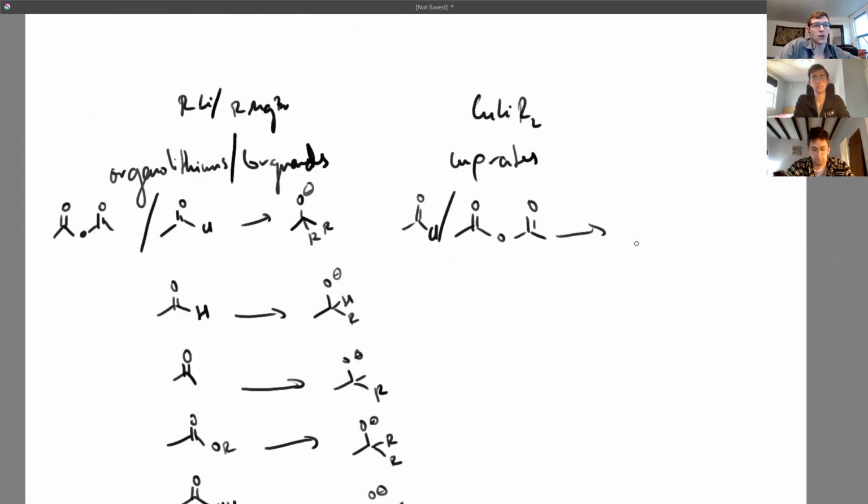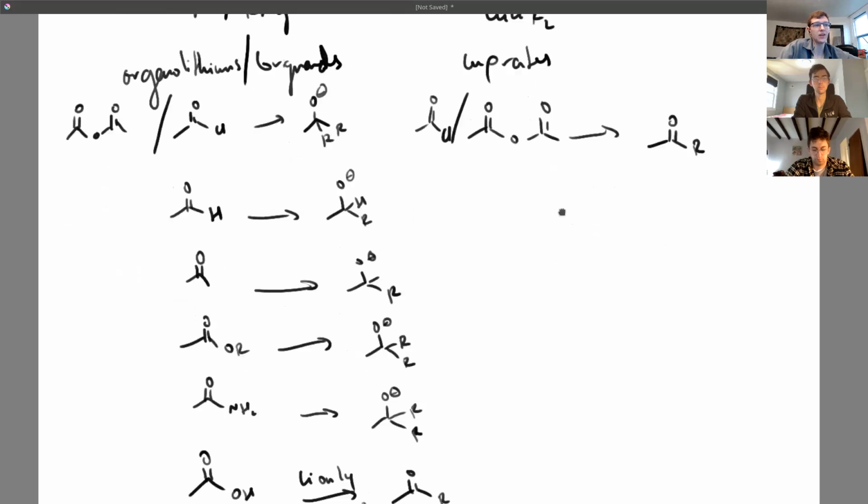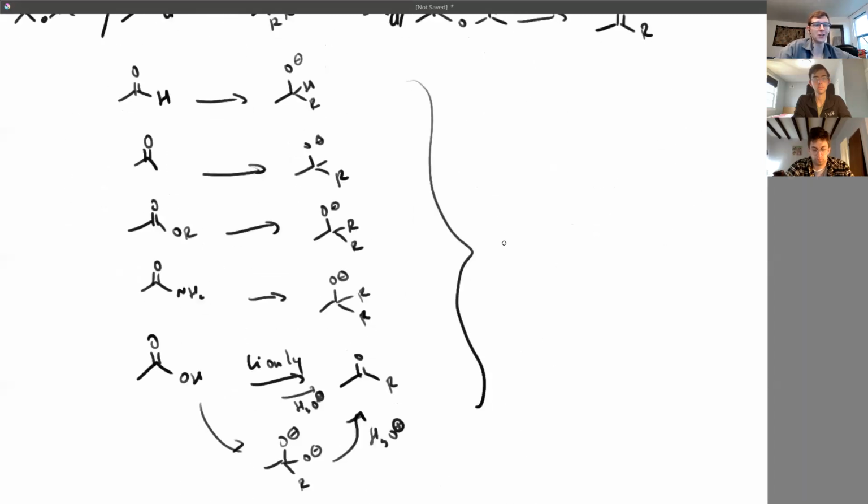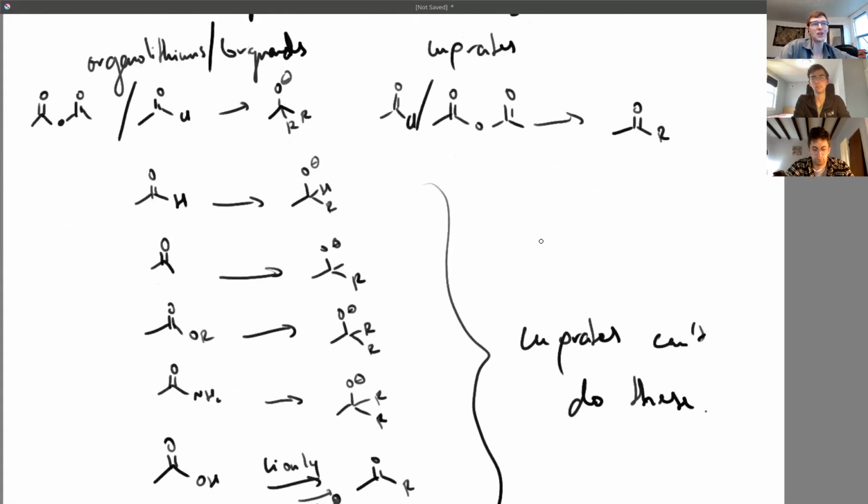They're only going to add once, which is really nice. So you will just get the ketone. And then all of these other reactions, cuprates can't do it. Okay, so cuprates can just do this. That's all they're good enough to do.